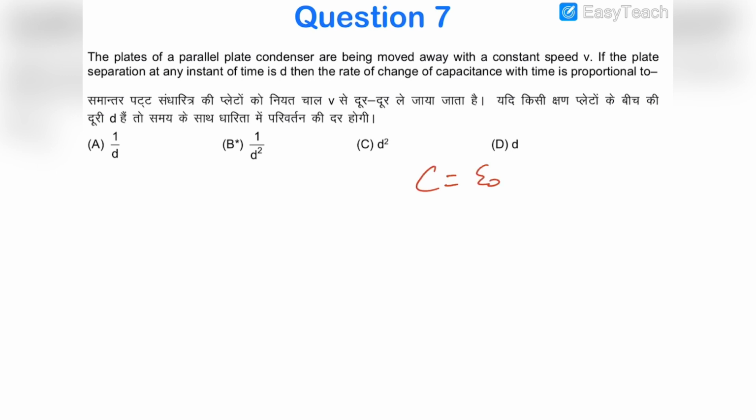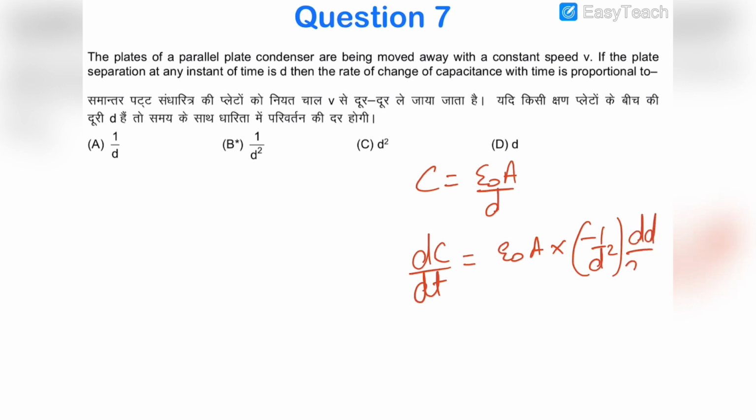C we know is epsilon naught A by d, and dC by dt, okay, this is the rate of change of capacitance, would be epsilon naught A into minus 1 by d square into dd by dt. Now dd by dt is v because they are moving away with the rate v.